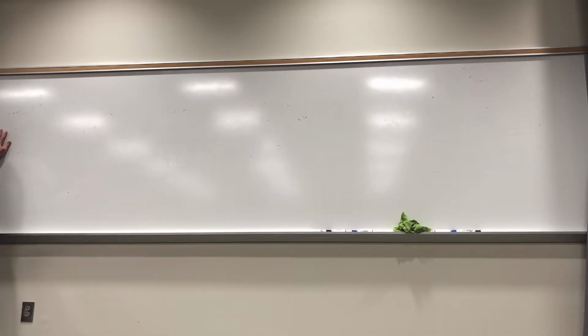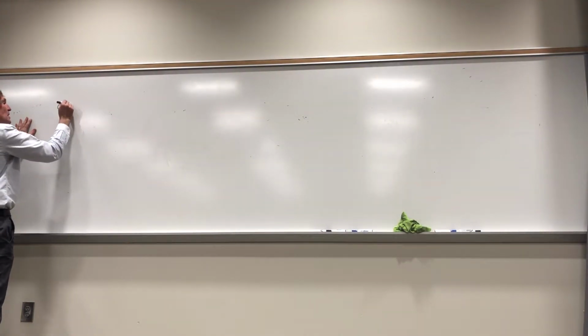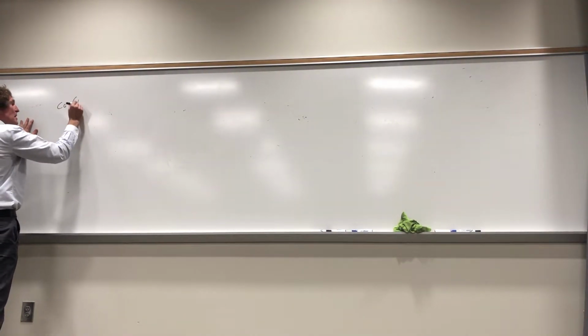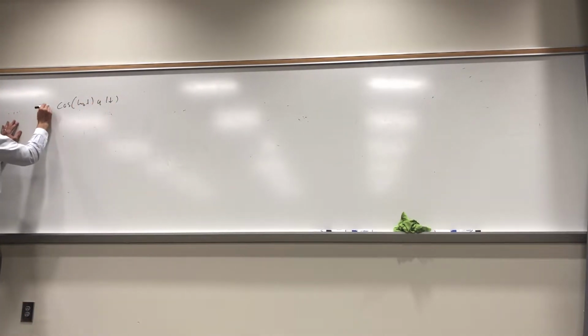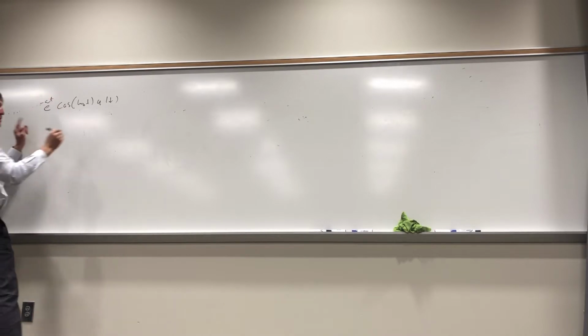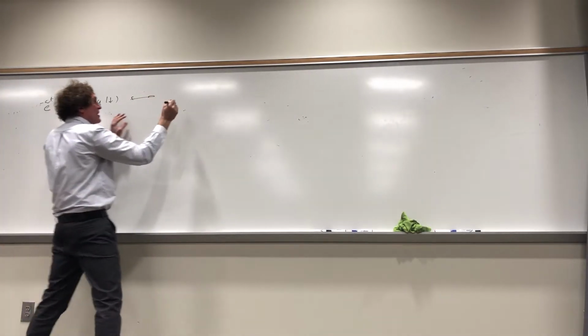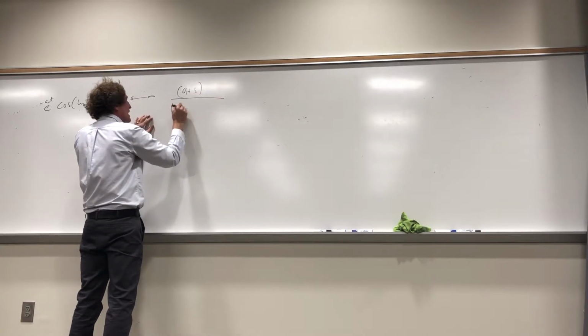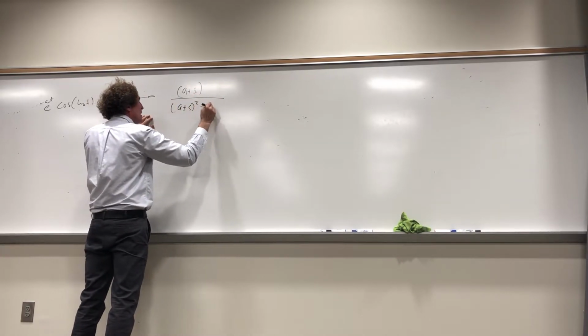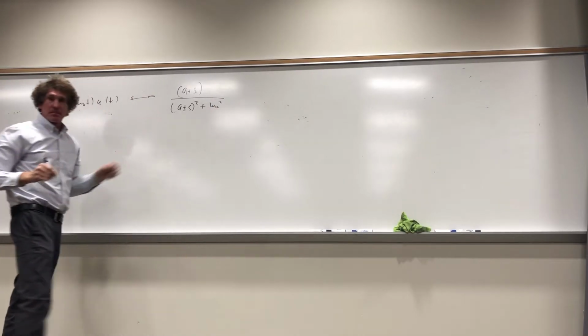Anyway, getting back to this thing, here's the next one. Remember when we had cosine of omega naught t u of t times e to the minus at? We did this one, right? And it was s plus a over (s plus a) squared plus omega naught squared, right?